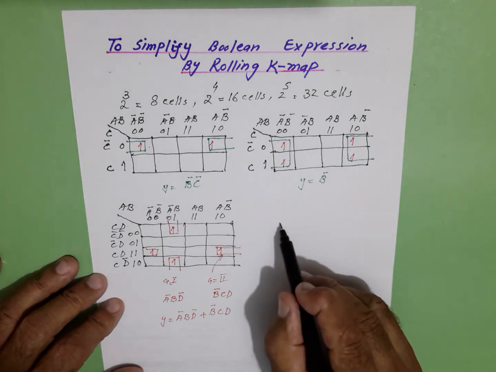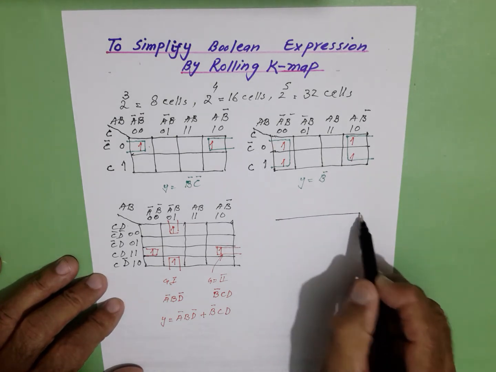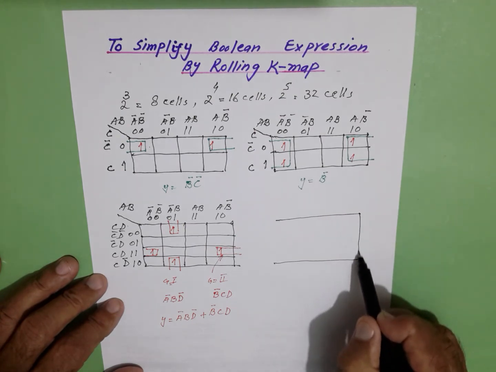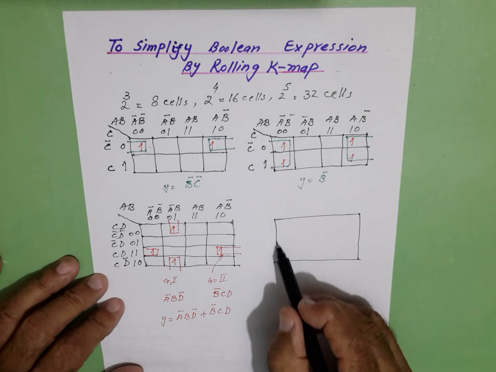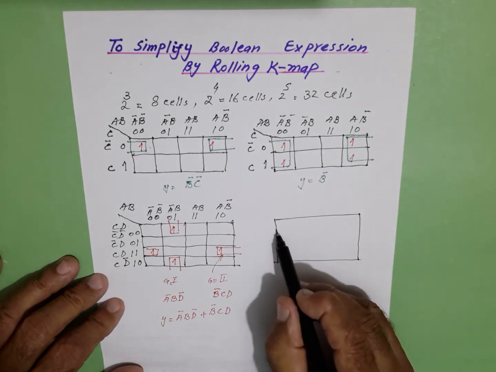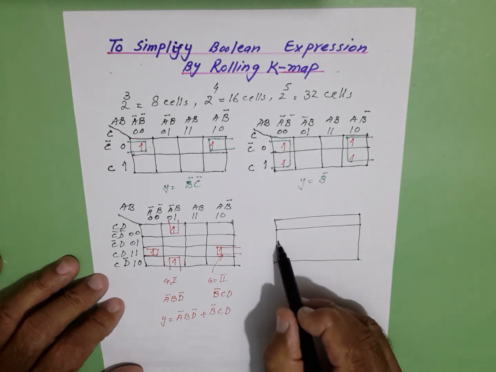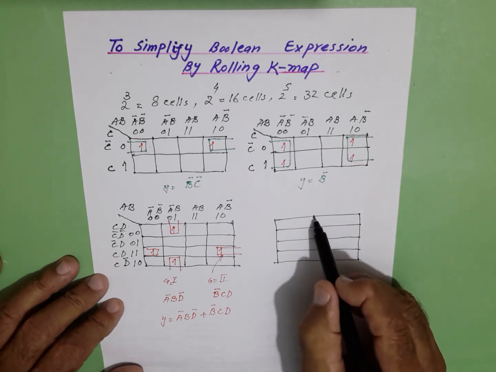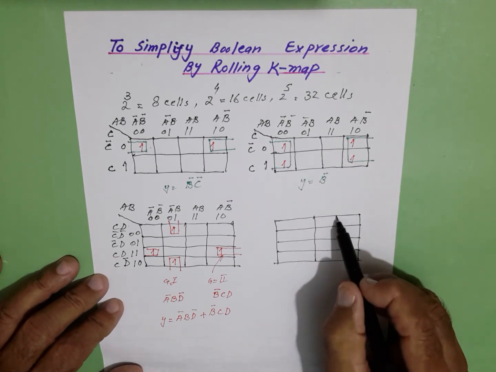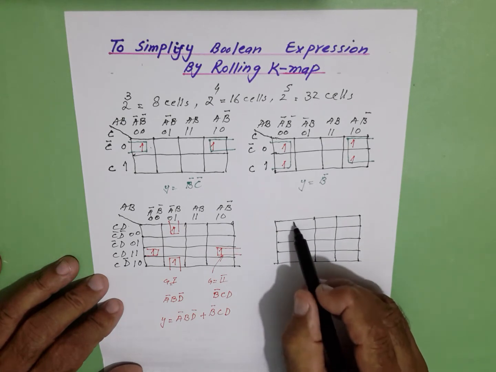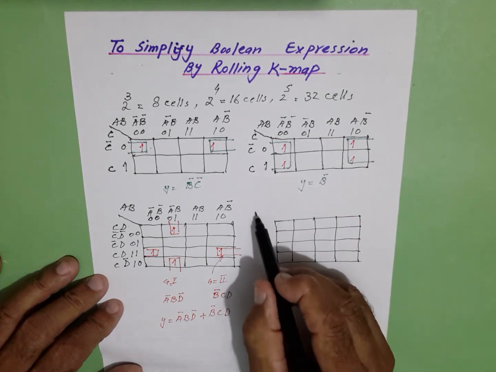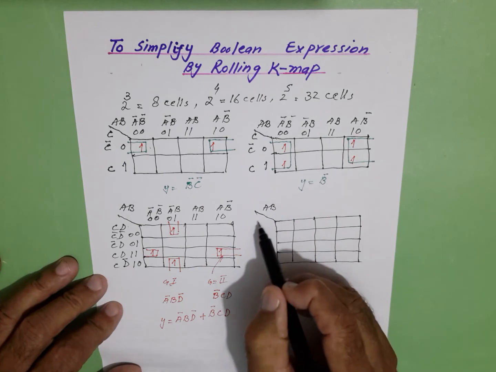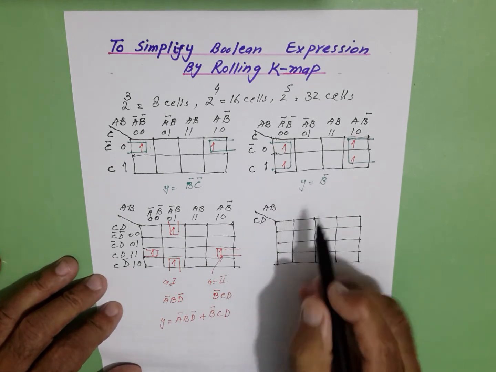Solving another example for 4 variables. A, B, C, D, 4 inputs are 4 variables.